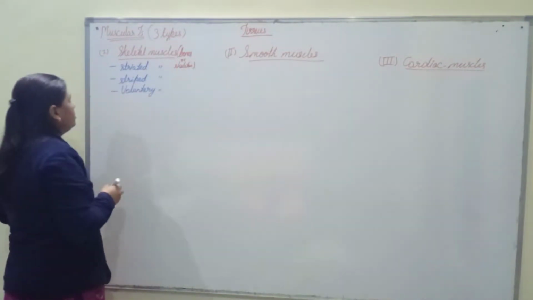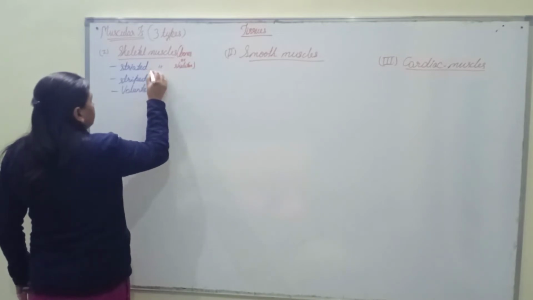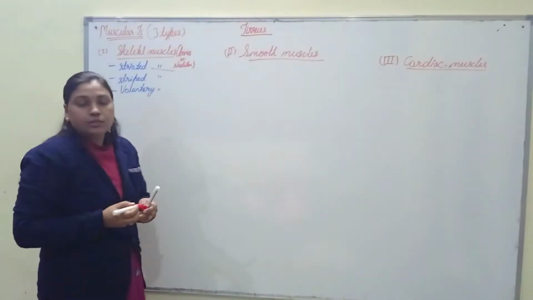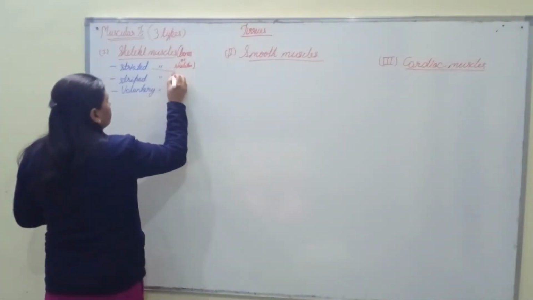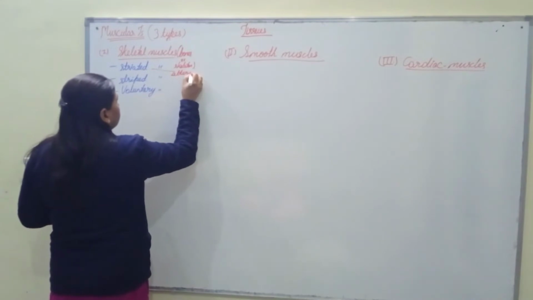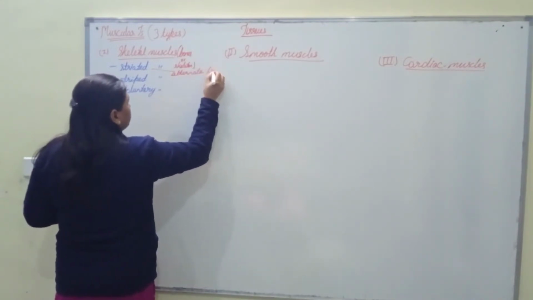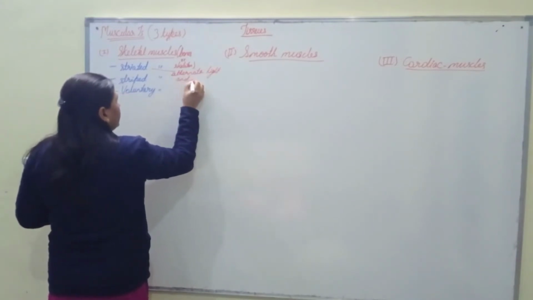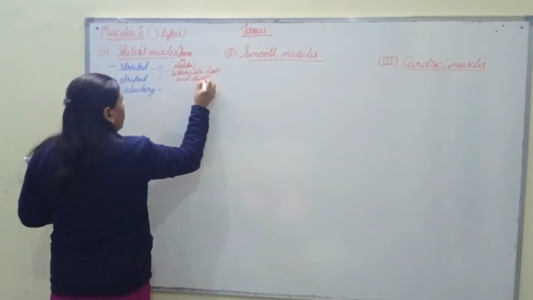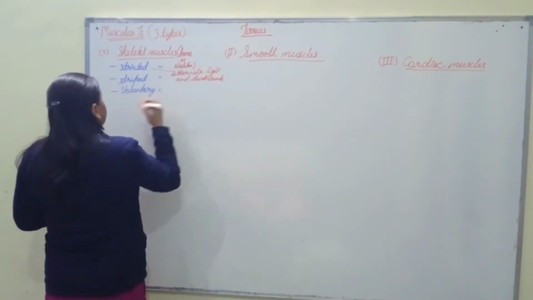So this is skeletal muscles, and now this is striated. Striated means alternate dark and light bands. Alternate light and dark bands are known as striated.